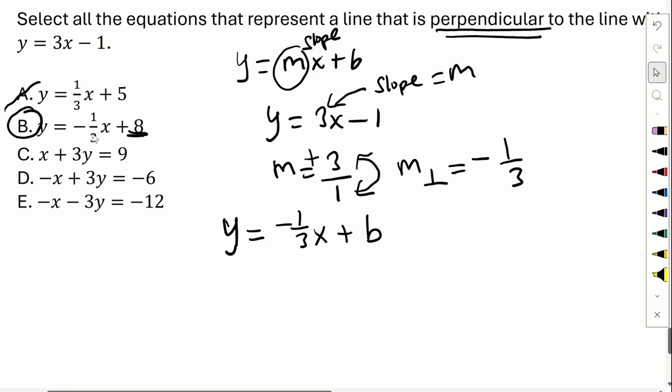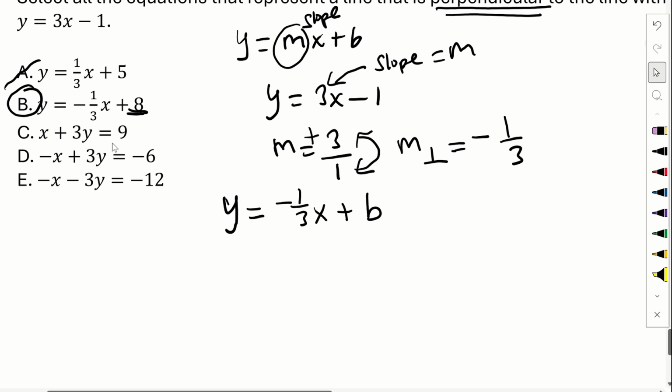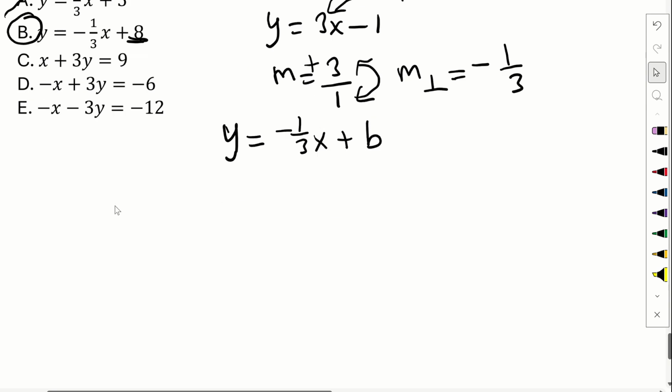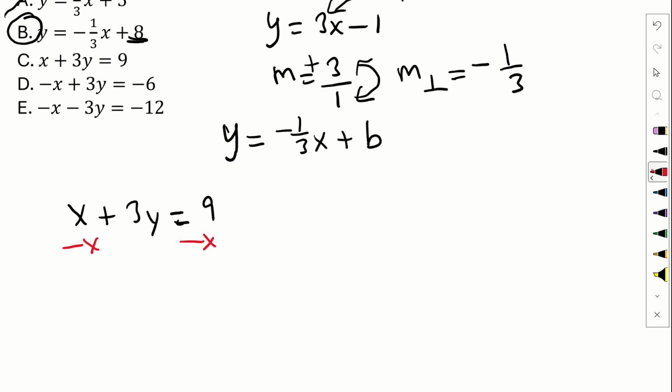Now, these are tricky because we had to solve for y, since right now y is not by itself. If we get -1/3 x, then we should be okay. So let's look at the equation in part C. Let's solve for y. That means we have to get rid of x so that we can get y by itself. So we get 3y equals negative x plus 9.